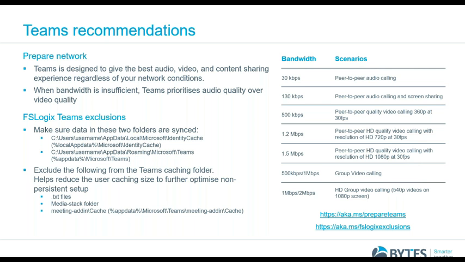You will also see that at the higher rates, especially when you're doing group calling, video is downsampled as well, just to make sure that it's as optimized as possible. Those two links are the Microsoft documentation for the two sections that I mentioned, the Prepare Network and the FSLogix sections.